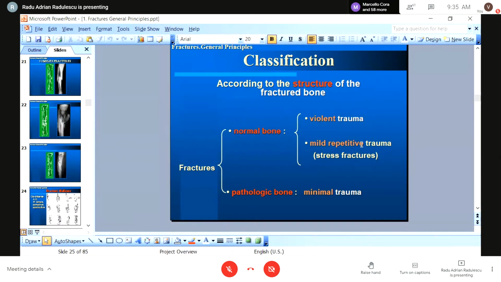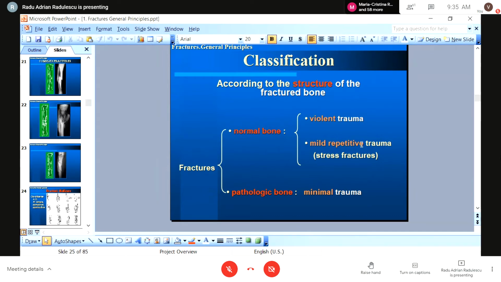So those fractures were also on a normal bone, but that normal bone didn't get a violent trauma, but like I said, a mild repetitive trauma, also leading to a fracture.